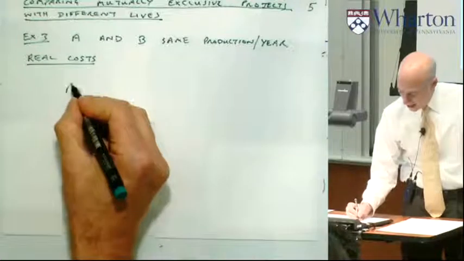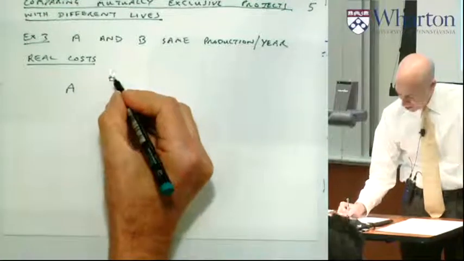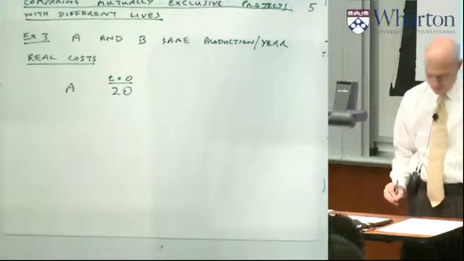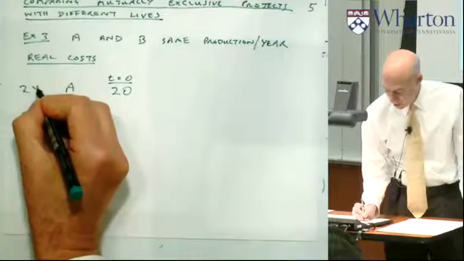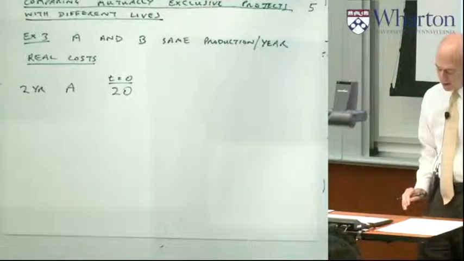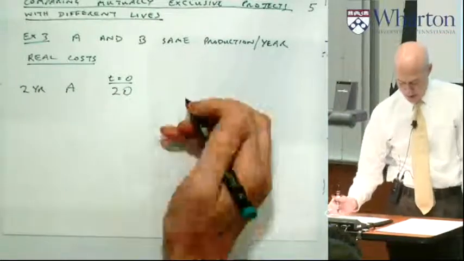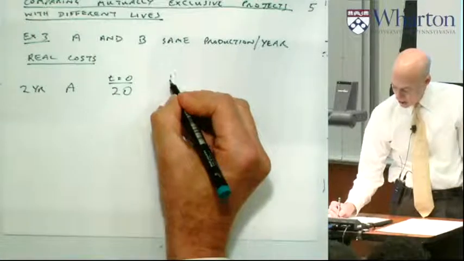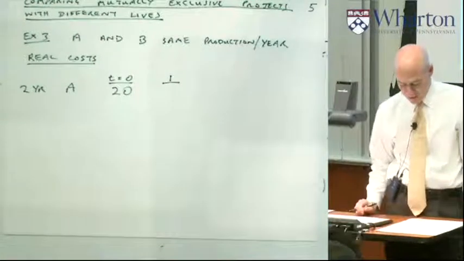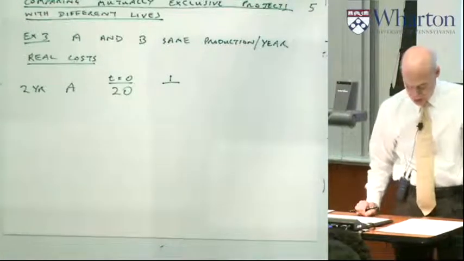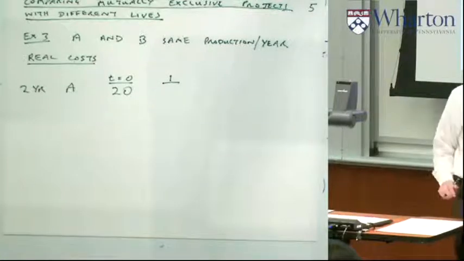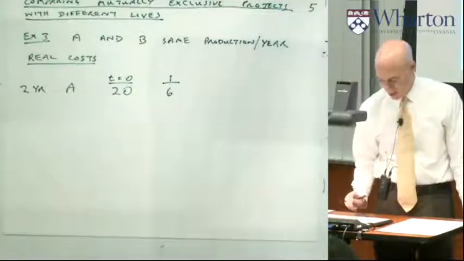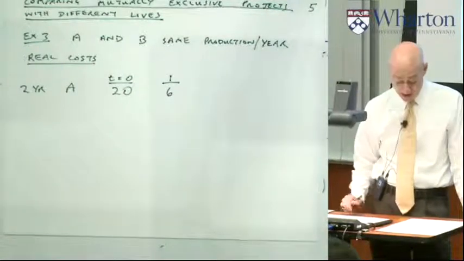Now, A costs 20 to buy, and it lasts for 2 years. At date 1, so at the end of the first year, there are some maintenance costs, and we anticipate they're going to be 6.